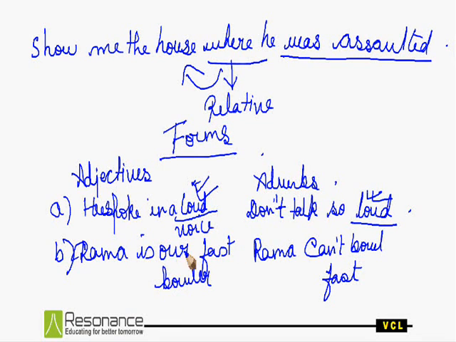So here again I'm using the word fast as an adjective and as an adverb. Rama is a fast bowler. It is telling what kind of a bowler he is. He is fast, so here it is acting as an adjective. And in Rama can't bowl fast, fast is acting as an adverb.